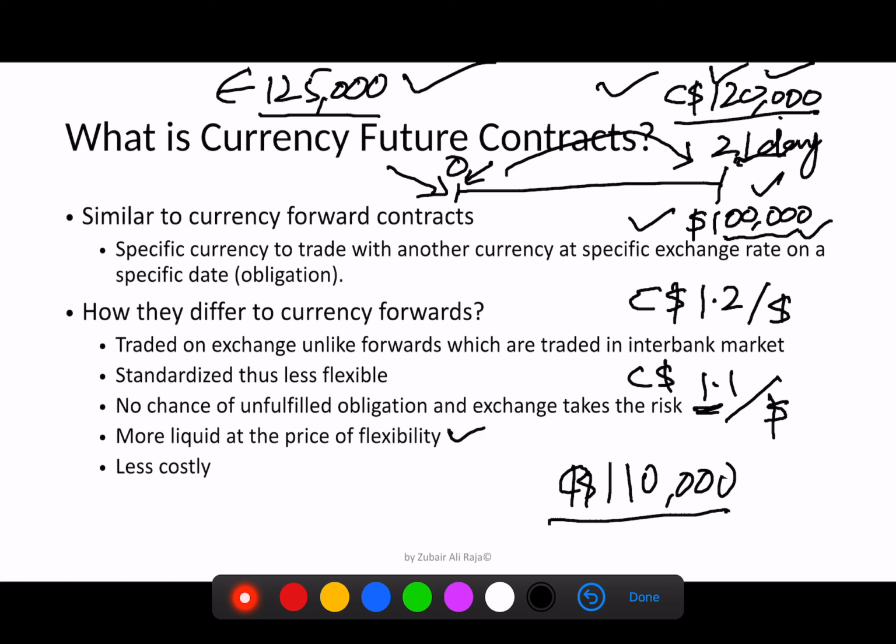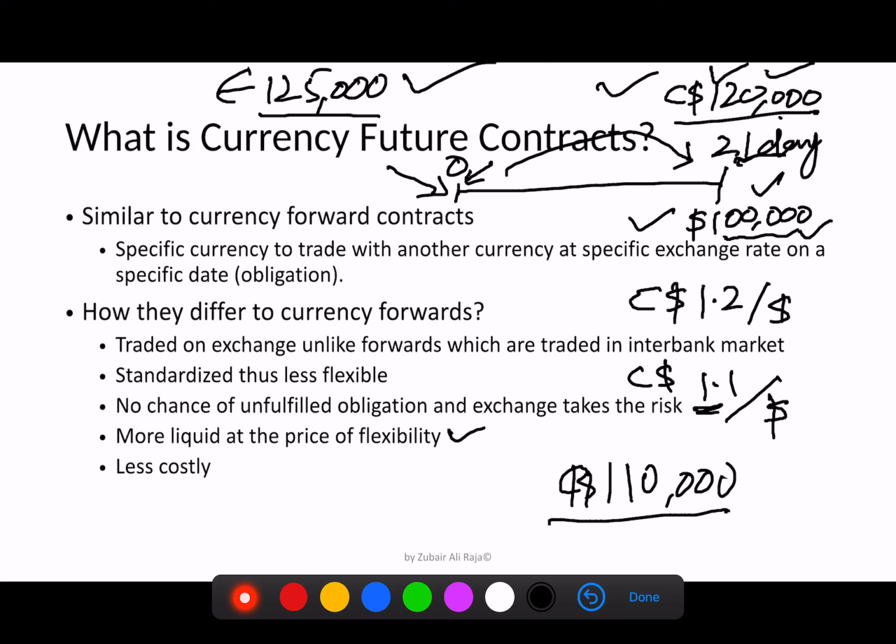Futures contracts are more liquid compared to forward contracts. It's very easy. You can buy and sell futures contracts many times before maturity. Let's suppose, continuing the same example, you sold a futures contract for 100,000.